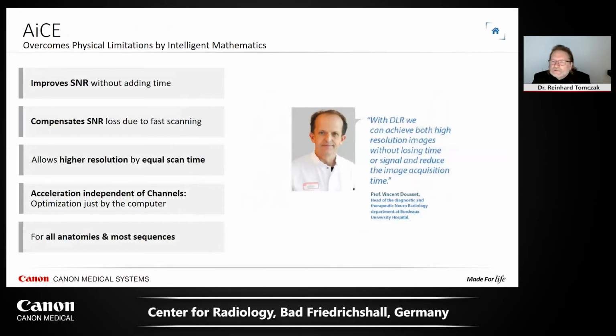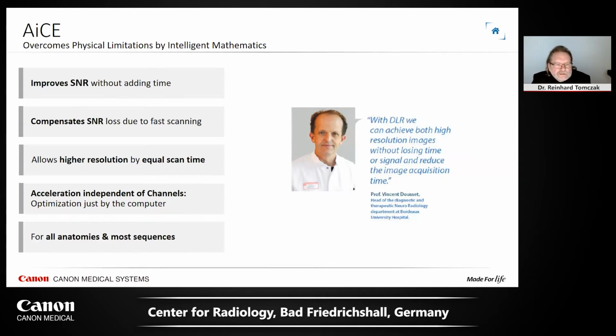AiCE is another method. Mr. de Graaf told you how AiCE works. AiCE improves the signal-to-noise ratio without adding time because it's done after the imaging. It compensates signal-to-noise loss due to fast imaging, so you can use fast sequences with a not so good signal-to-noise ratio, and you can compensate for this through AiCE.